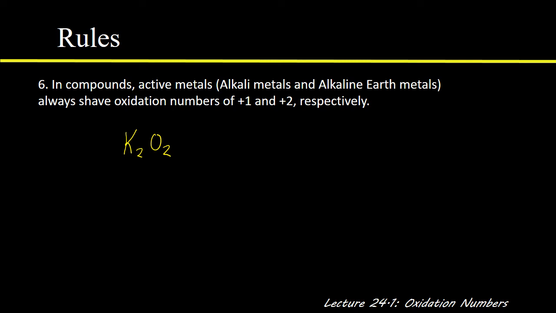If you didn't recognize this as a peroxide, you would say oxygen is most electronegative, so oxygen is going to get its preferred charge. You'd write your equation out like that, and then you say oxygen gets its preferred charge, which is -2.